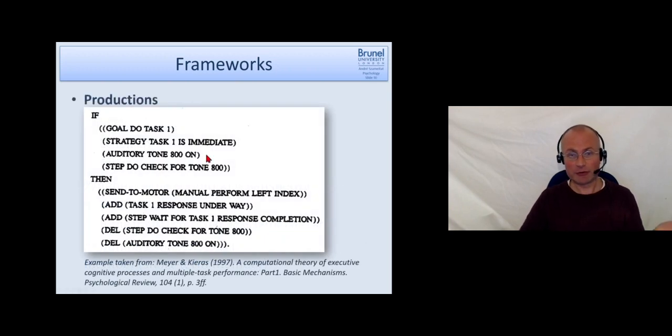Again, an example from a research paper, again from multitasking, to show you that it's actually used like that. This is from a certain programming environment. They use these production systems to simulate human behavior. So it's a computer program where you can program tasks like this and simulate what the response times are if we do it like this, and try to recreate response times you observe in actual experiments.